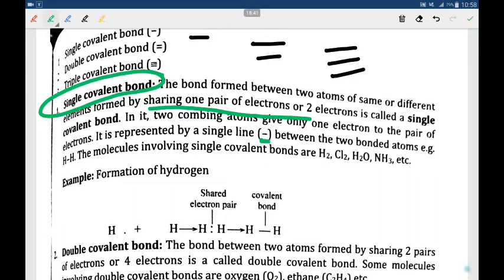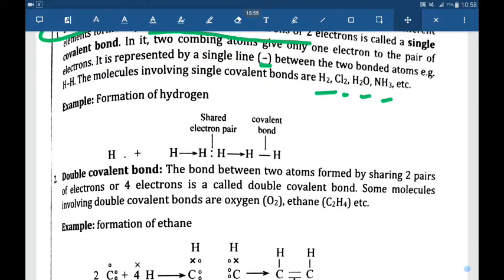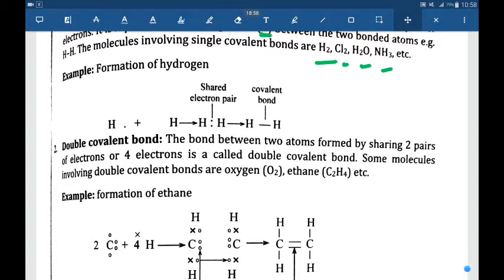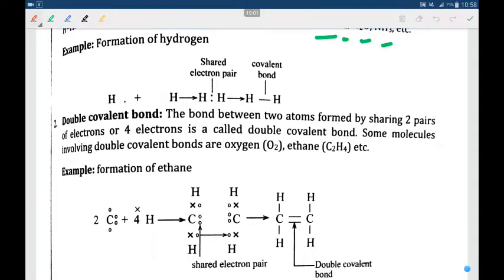Molecules like H2, Cl2, H2O, NH3 are formed by covalent bond. Students, just look at here one example. Formation of hydrogen. You can see here is one electron, also one electron. These two electrons are shared here and single covalent bond is formed. Make the concept clear.